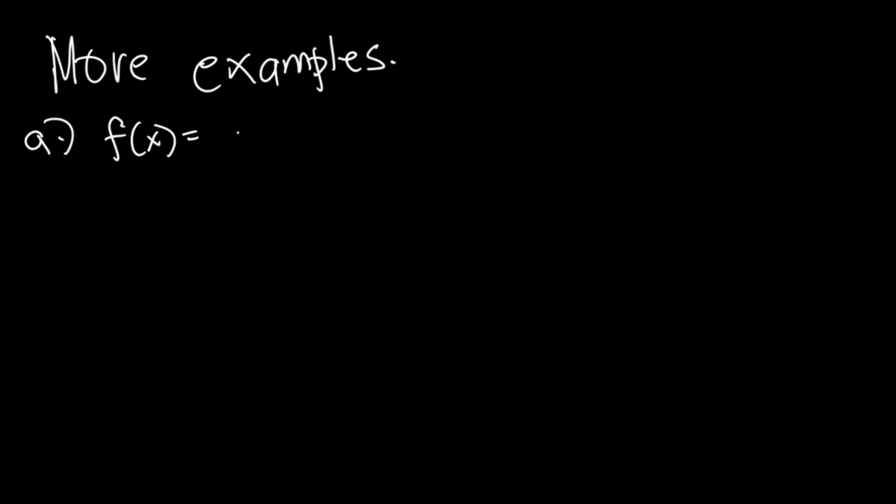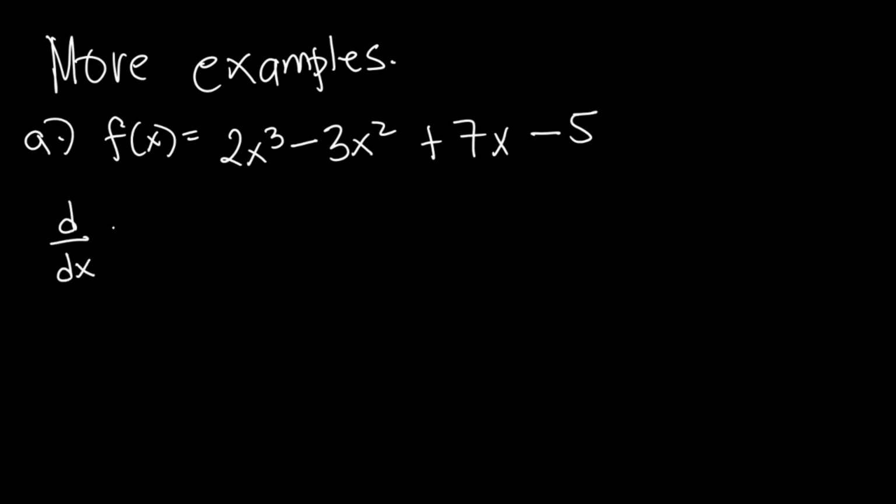More examples. Letter A, we have f of x is equals to 2x cubed minus 3x squared plus 7x minus 5. So let's find d over dx of 2x cubed minus 3x squared plus 7x minus 5.